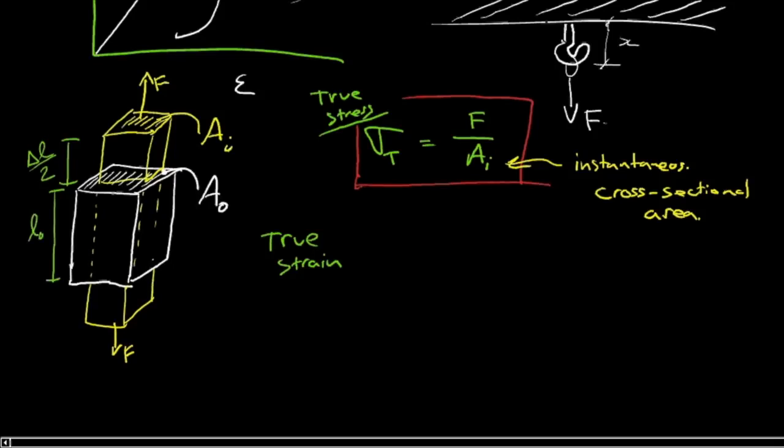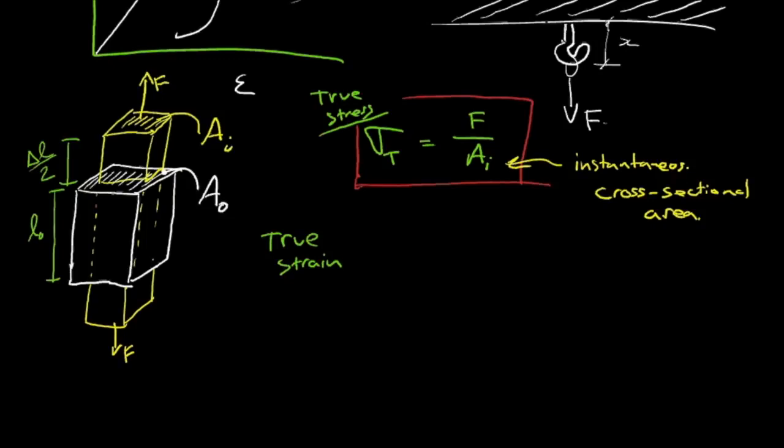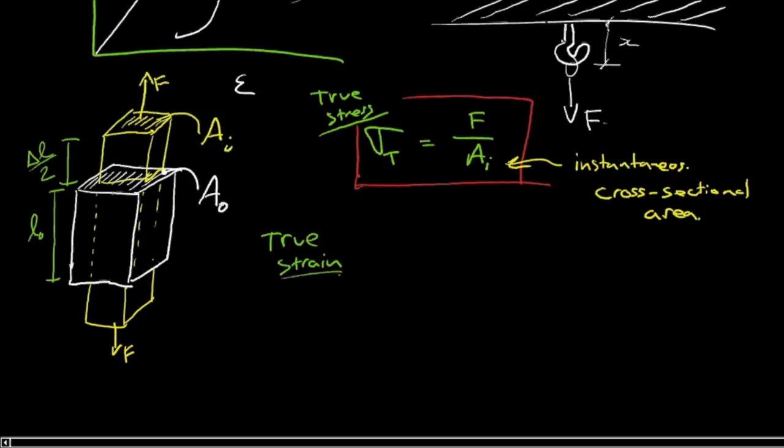The very first little bit of elongation is over L naught, but after that, the elongation is over the previous length, which was L naught plus that little delta L. If you do that for infinitesimally small changes in length, we're integrating those changes, dL, divided by L, from L naught, the initial length, to the instantaneous length.